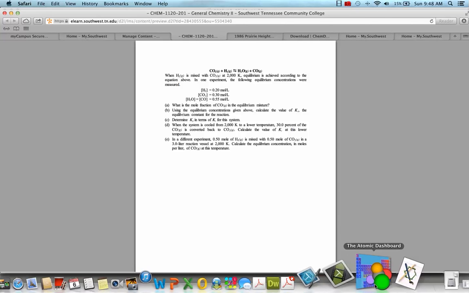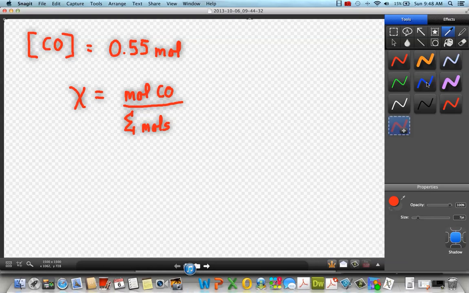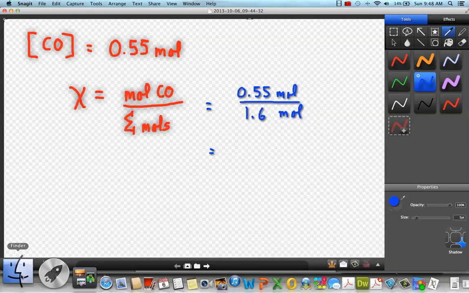So essentially we are going to simplify our expression as 0.55 moles over 1.6 moles. Of course, now all you'll need to do is plug this into your calculator in order to get a result.